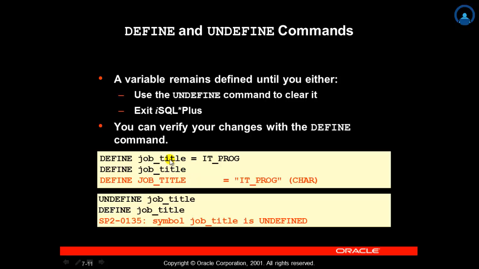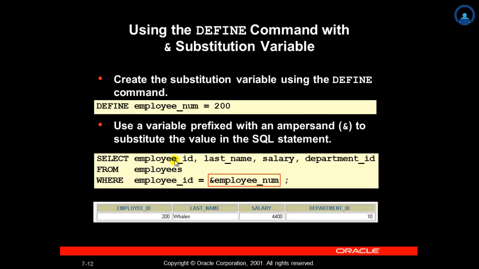Moving ahead, we come to the DEFINE command with substitution variables. The example on this slide creates an SQL Plus substitution variable for an employee number by using the DEFINE command, and at runtime displays the employee number, name, salary, and department number for that employee.